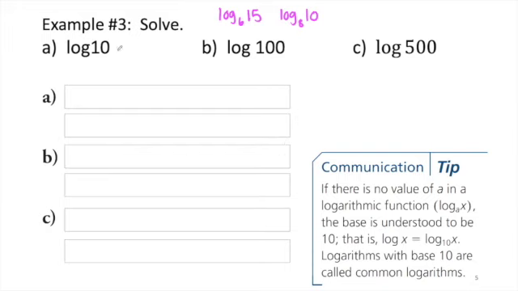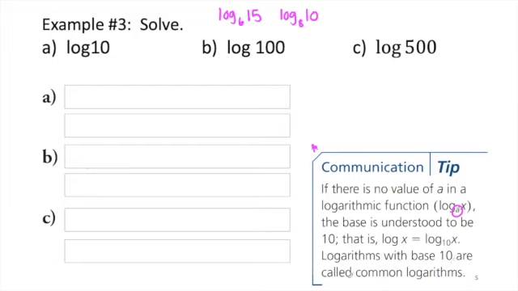So when you're solving something like this and you see just log 10, this is where this communication tip comes in handy. It says if there's no value a in a logarithmic function, the base is understood to be 10. So log x is equal to log base 10 of x.